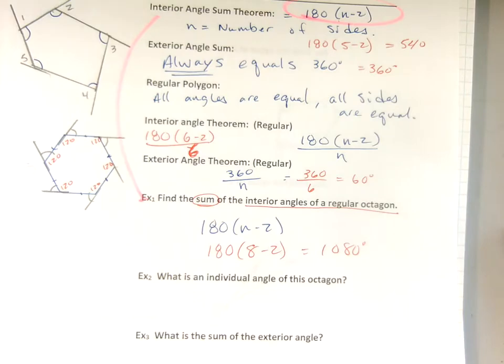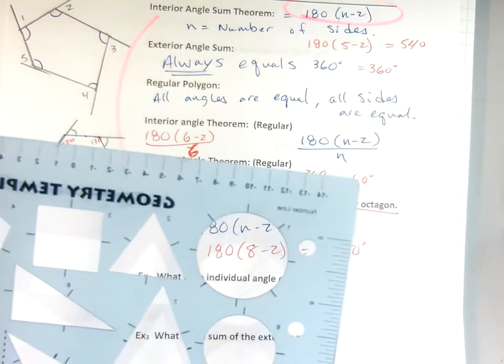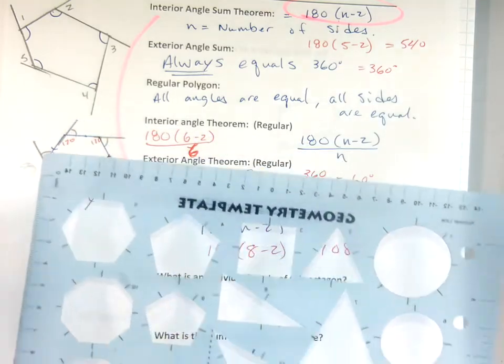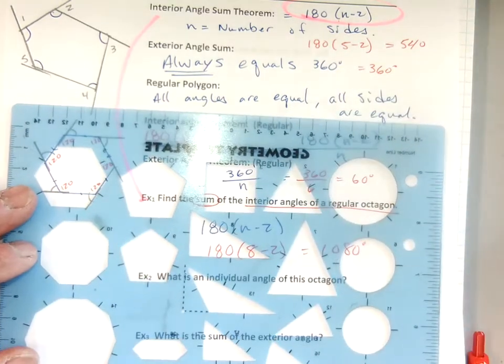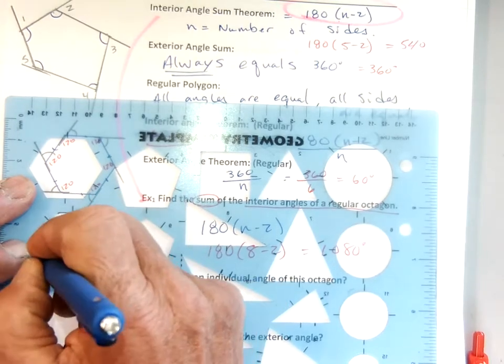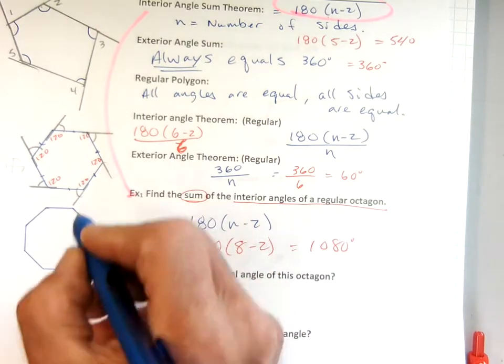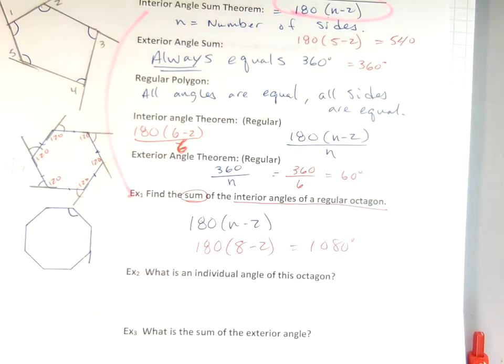Now you don't have to draw these, but it's always nice when you see a picture because it makes it easy to see. I've got an octagon in here, so if I drew this octagon in, and now I want an individual interior angle, they're all equal.